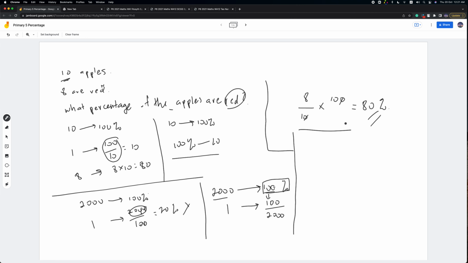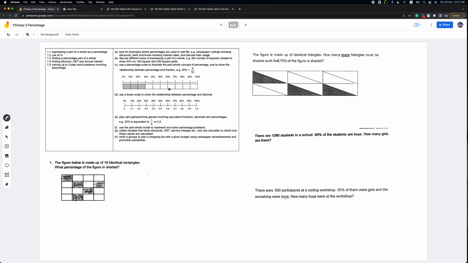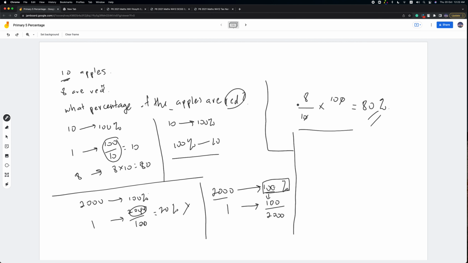Okay, that brings us to this part here, representing percentage as a fraction and fraction as a percentage. Now, we've already learned how to change from a fraction to a percentage, by multiplying 100.